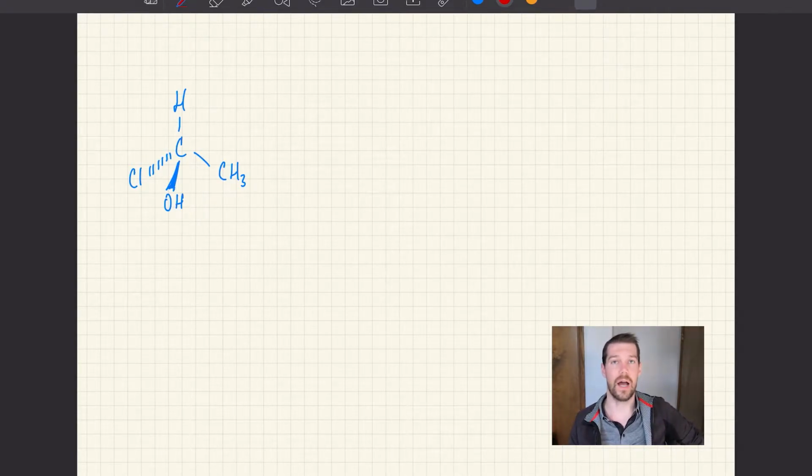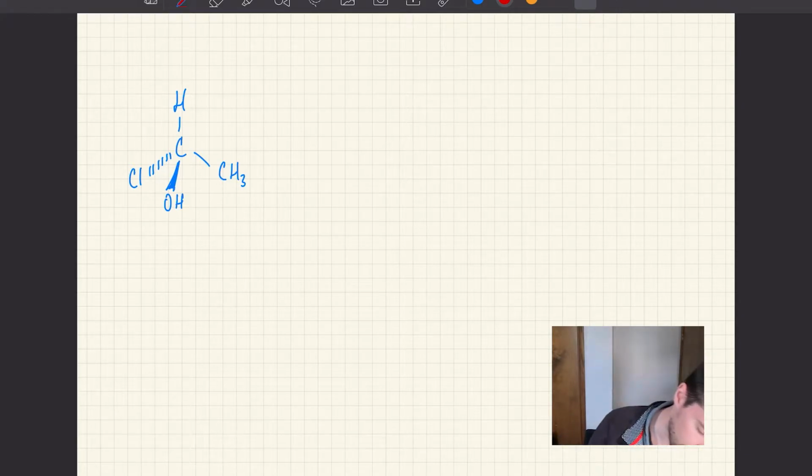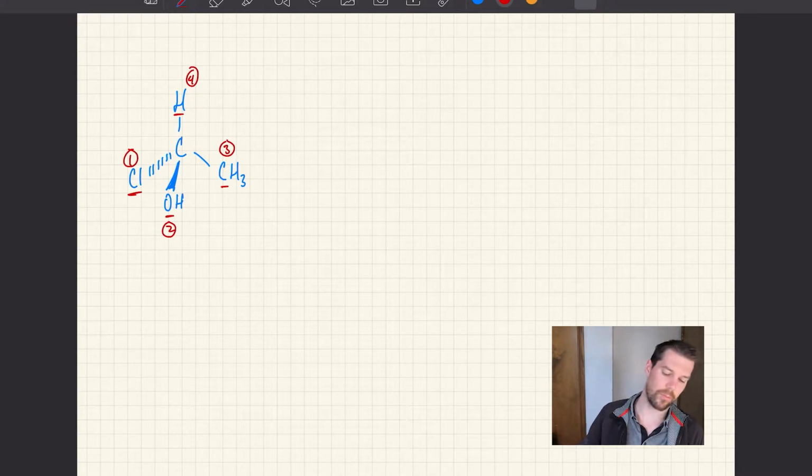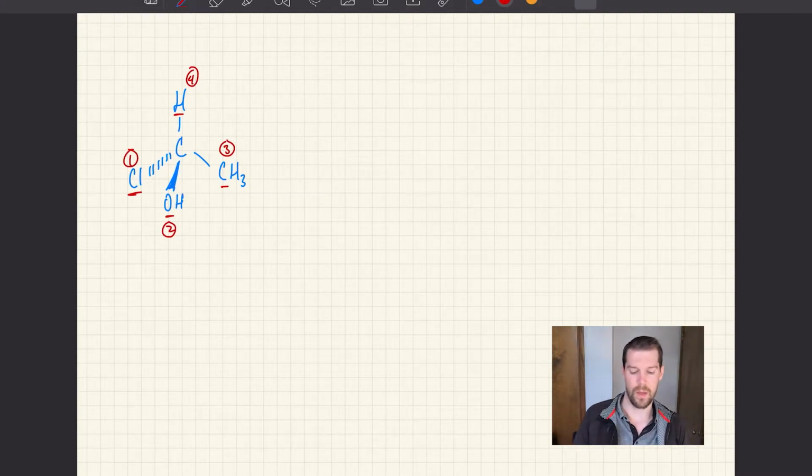In the event of a tie, then you have to go to the next atoms out to break the tie. In this case, we won't have to do that. I have a chlorine, an oxygen, a carbon, and a hydrogen. So the heaviest is going to be the chlorine, so that's number 1. Then we have the oxygen, then a carbon, then our hydrogen. So we've labeled our priorities properly.